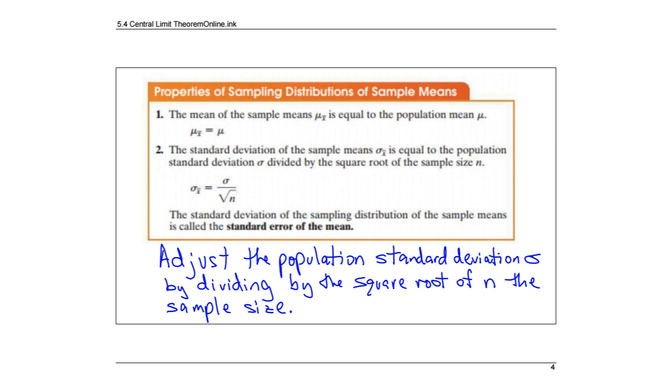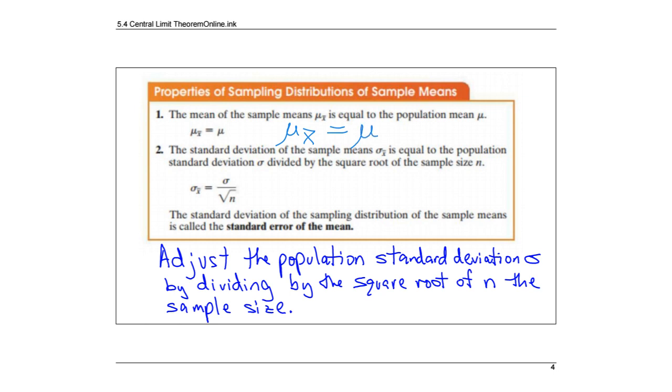Okay, so on your resource sheet, you will see these formulas. If we're dealing with a sample distribution, the mean would look like this. It has the X bar to denote that we have a sample mean. We are going to make an assumption that that is equivalent to the population mean.